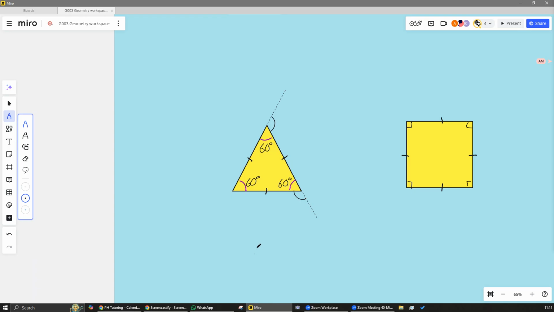I'll do them this way, so it kind of moves almost clockwise, if you know what I mean. It looks a bit more neat and tidy, but it doesn't really matter if you did it the other way. So these are the external angles. This is the external angle.